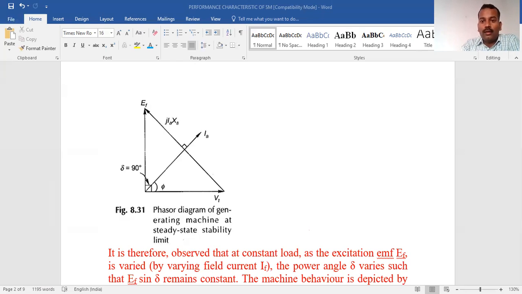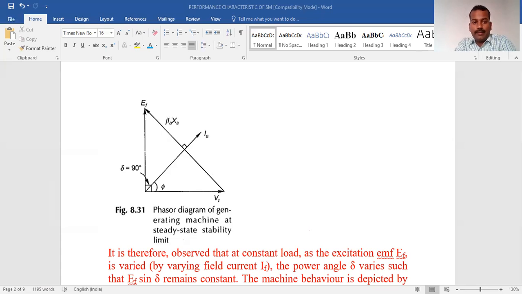Locus, right? The locus of the E is a portion of the circle of radius E. Locus means the movement of the points, and this movement of the E vector is a portion of a circle of radius E centered at the origin. Its center is the origin of the complex plane.